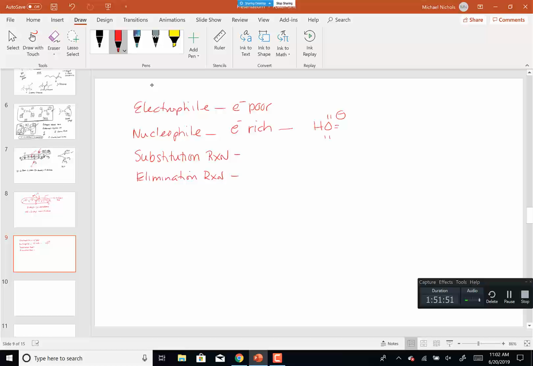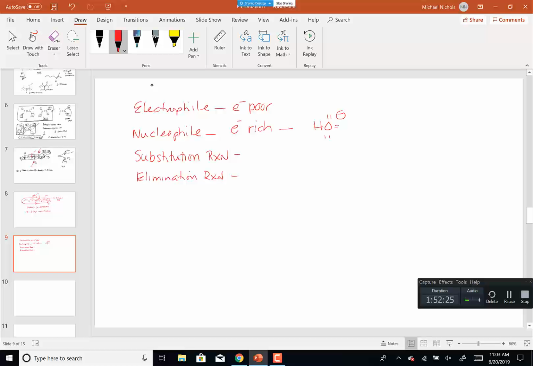What about the oxygen? The lone pairs, the fact that it has what kind of charge? A negative charge. Now, I anticipated somebody saying the negative charge, and then I would say, well, where does that come from? The electron pairs. So whether you say the negative charge or the electron pairs, that's what makes the molecule rich.